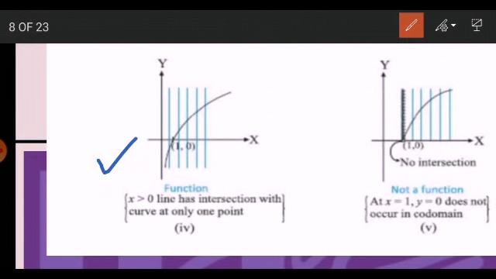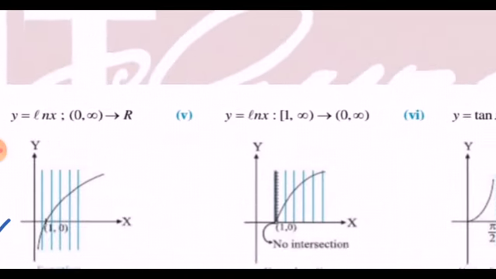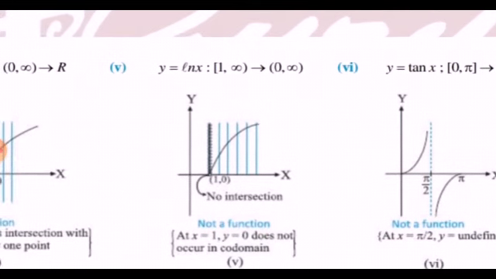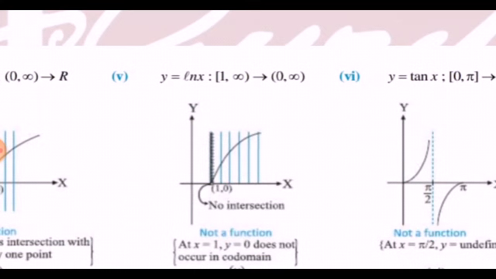And here, in the first question, y equal to ln x, once again 1 to infinity. But here the problem is in the range 0 to infinity, which should be a closed interval. Here there is an open interval.